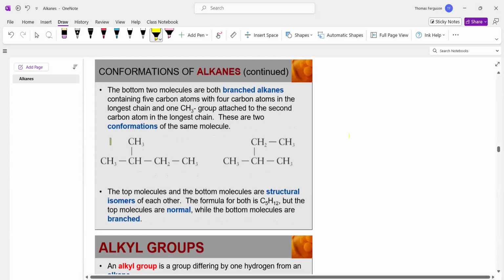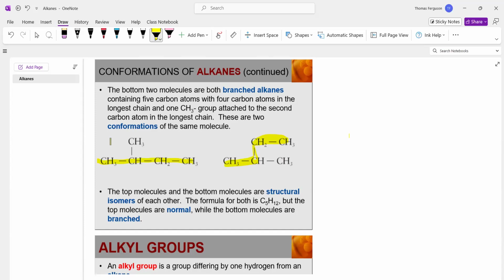Both these molecules have branches because we have molecules that are off the main backbone. Now, one way to tell whether a carbon is off the backbone is if you have to lift your highlighter off the paper to include it.